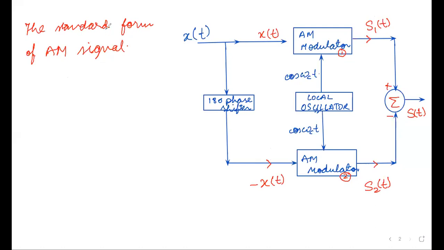Now the standard form of the AM signal will be what? We already know that. Based on that, we can write the signal s1(t), which is the output of modulator 1.